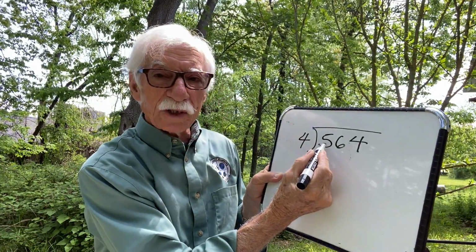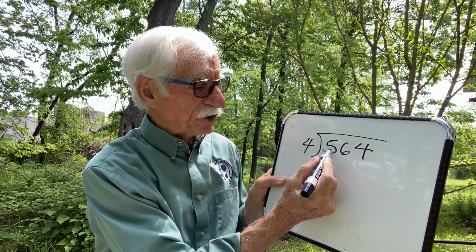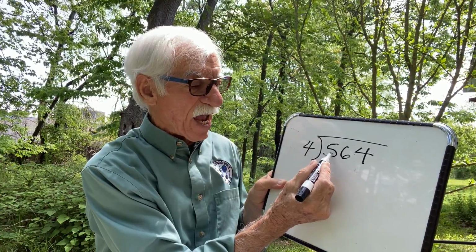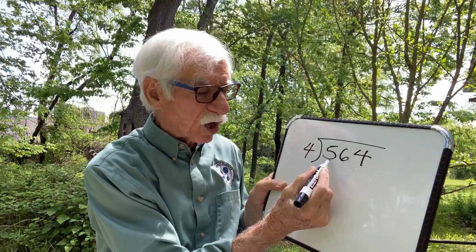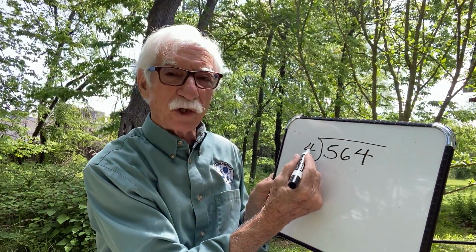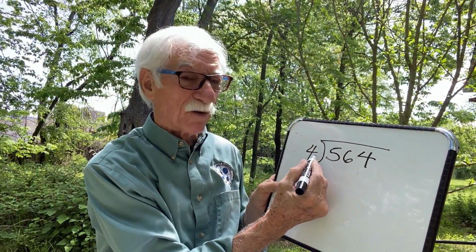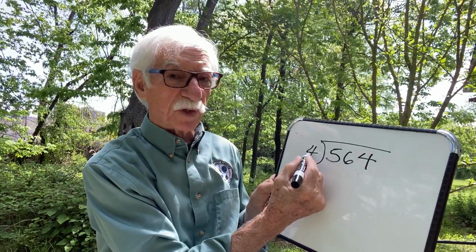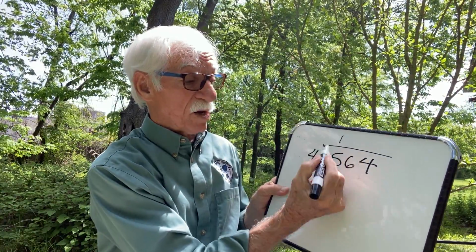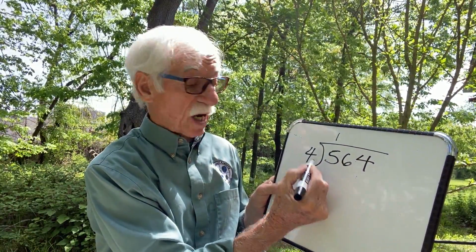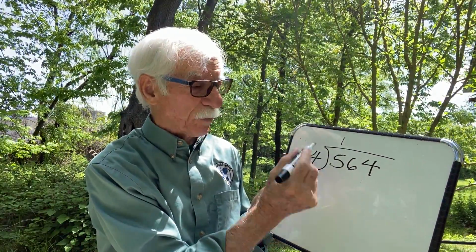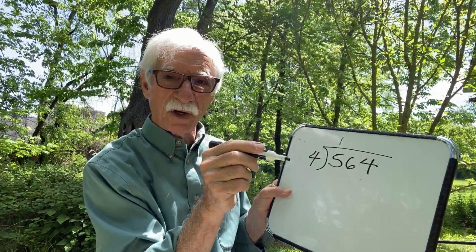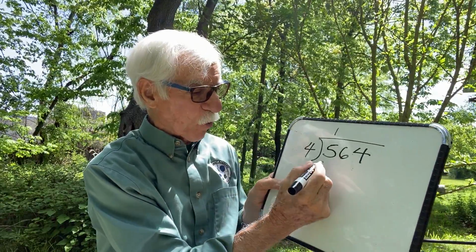We always start with the highest place value in division. So we want to give 500 bottles of soda to 4 shelves, distributed among 4 shelves. Each shelf would get 100, wouldn't it? And of those 500s, we'd use 4 hundreds, because each shelf would get 100 and there are 4 shelves, so it'd be 400.